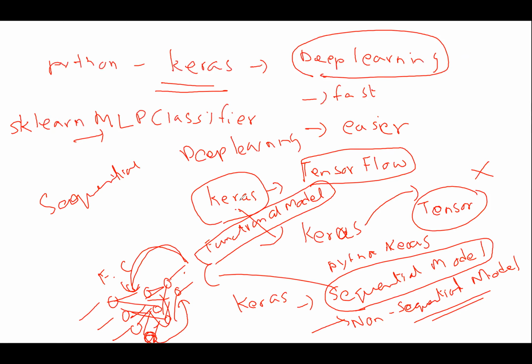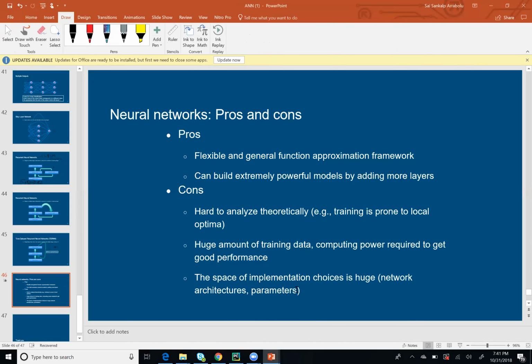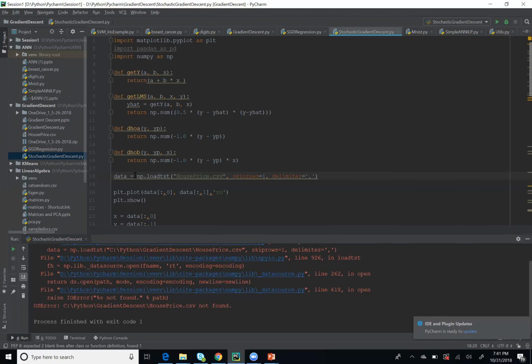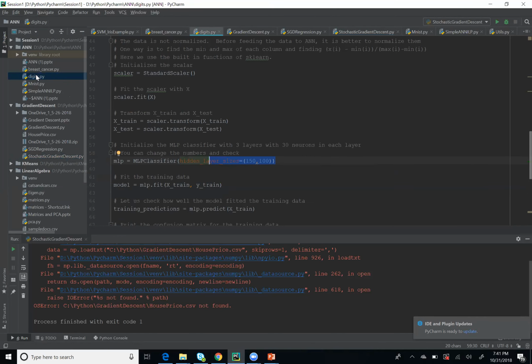Since we learned a little bit about Keras, last class we saw how we used the MLP classifier. So let me go to the code now. Before I start gradient descent today, I want to do a little bit on last time's code.